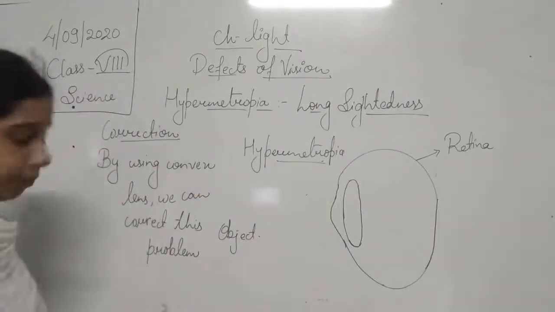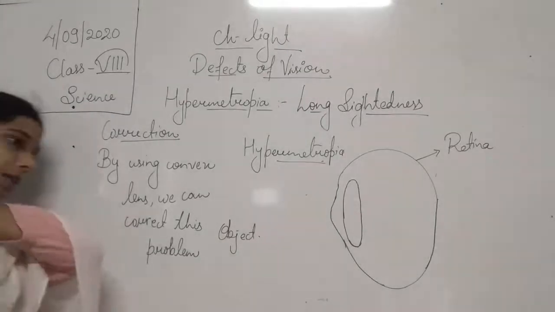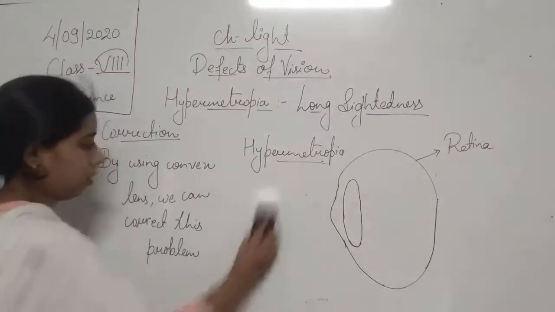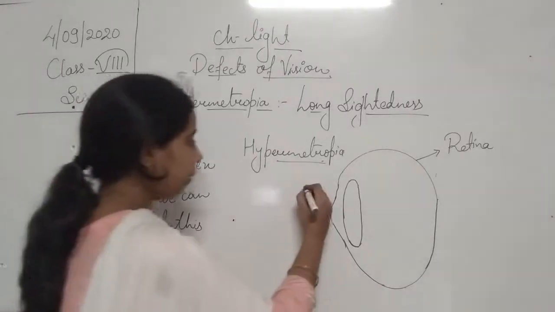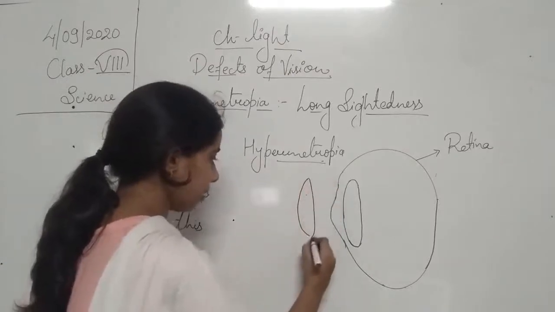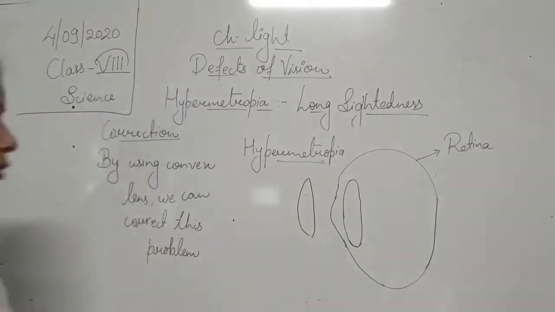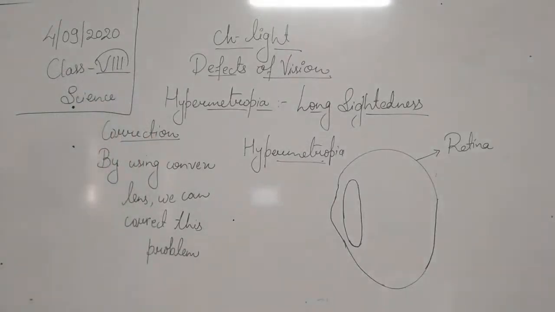So you see here that if the object is there, students, this is the object, and here we will take another lens, and that is the convex lens. Let me draw it again. A convex lens. Okay.